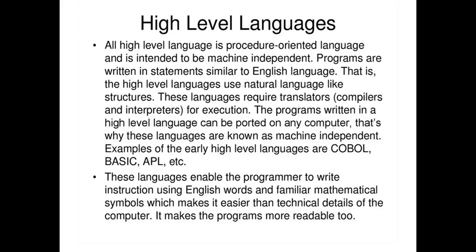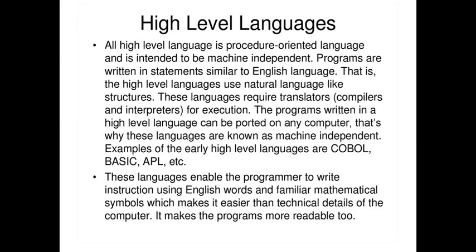High level languages. All high level languages are procedure oriented languages. They are intended to be machine independent. Programs are written in statements which are similar to the English language. That is, high level languages use a natural language like structure.